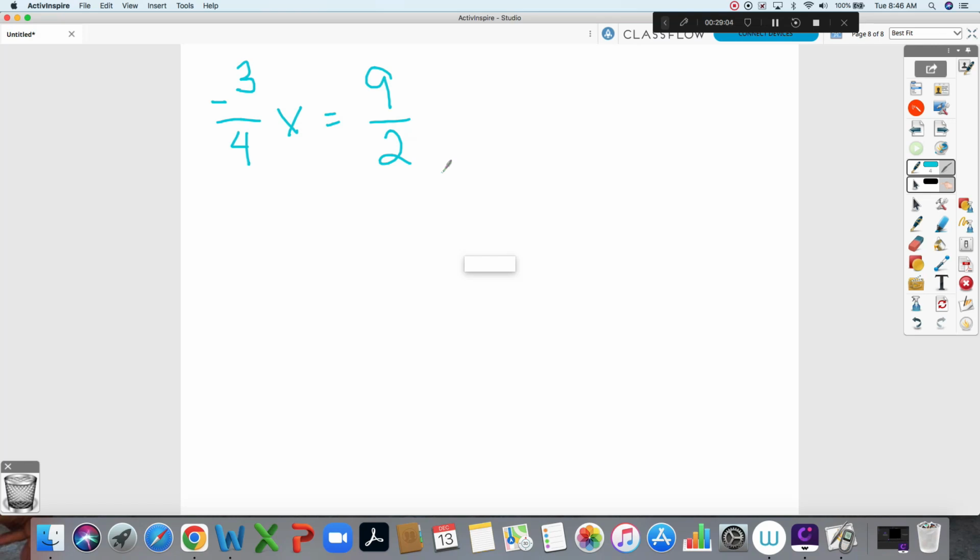Well, -3/4 x means we're what? Multiplying. So in order to solve for x, we have to divide. So in order to divide, we have to flip and multiply. Okay?